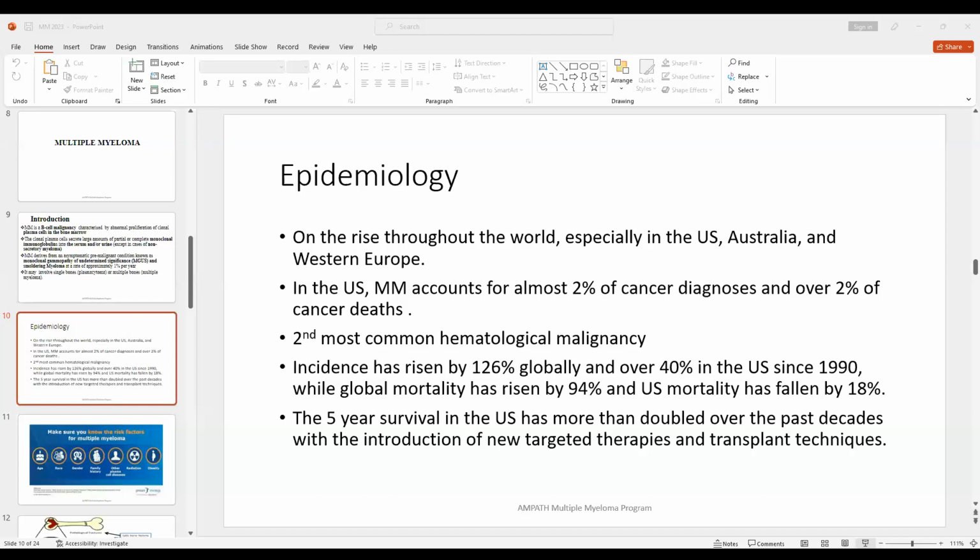And then if you've had other plasma cell dyscrasias, for example, the pre-malignant stages that you were talking about, the risk of you developing multiple myeloma is very high. And then history of exposure to radiation, and other lifestyle conditions like obesity.